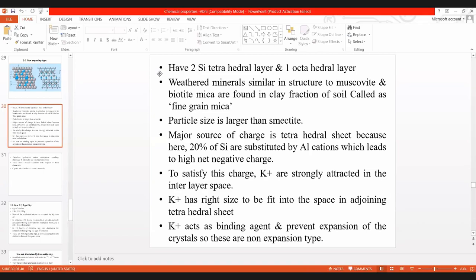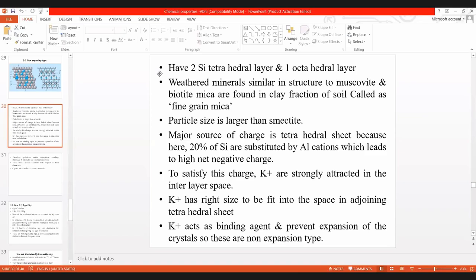Okay. Here also you can observe two silicon tetrahedral layers and one octahedral layer. Here the particle size is larger than smectite type. Smectite type means 2:1 expanding type. Particle size higher means surface area is lower than smectite type.